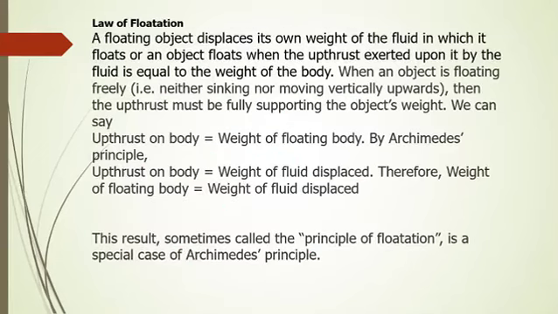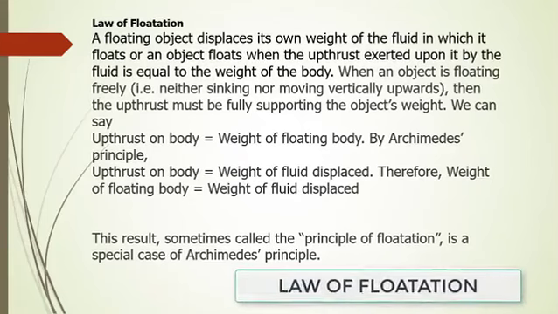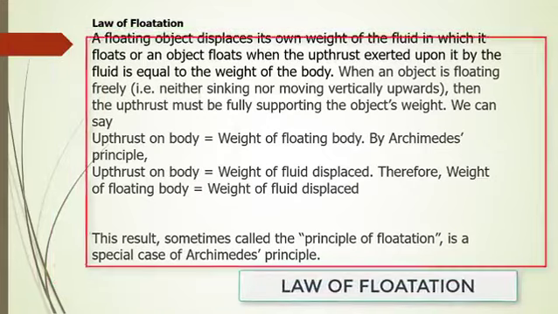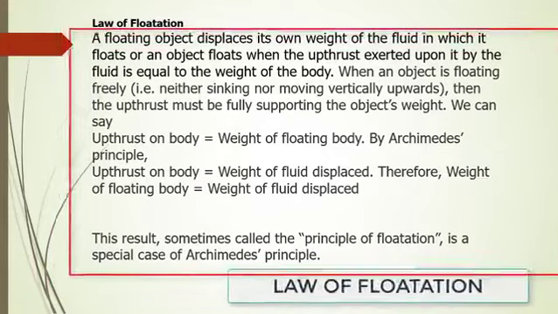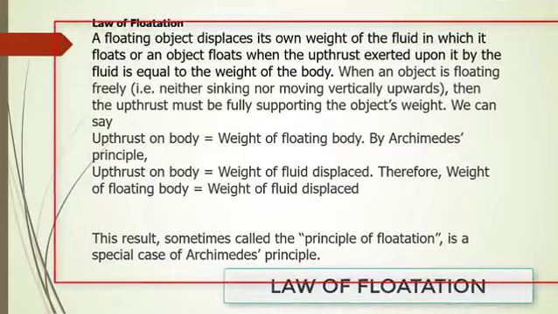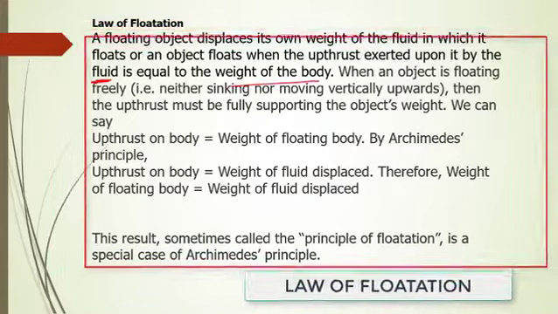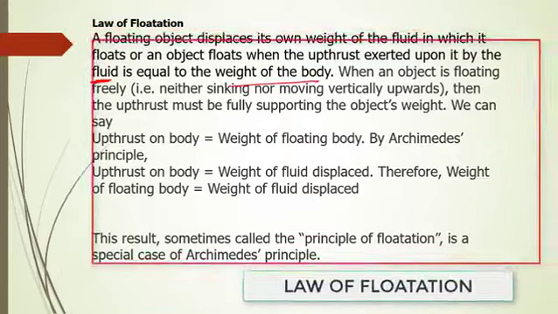Now let's talk about the law of flotation. The law of flotation says that an object floats when the upthrust that has been exerted on it by the fluid is equal to the weight of the body itself.